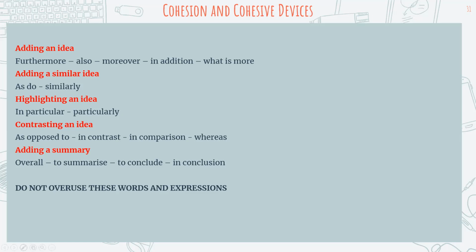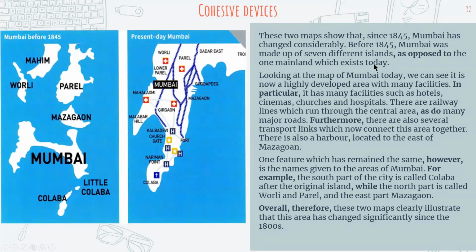For our previous question, we have used 1, 2, 3, 4, 5, 6, 7, 8, 9. We have used 9 cohesive devices. We could say 8 because these are related to the one sentence. So you could say we have used 8.